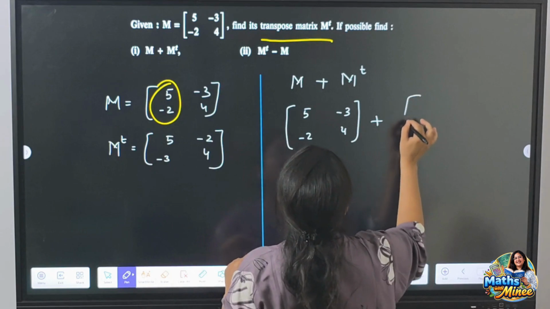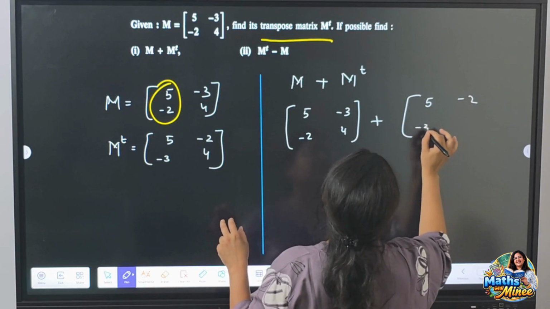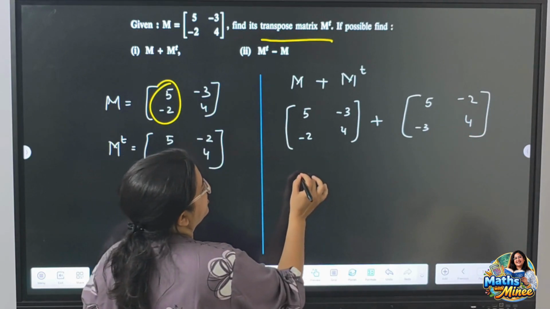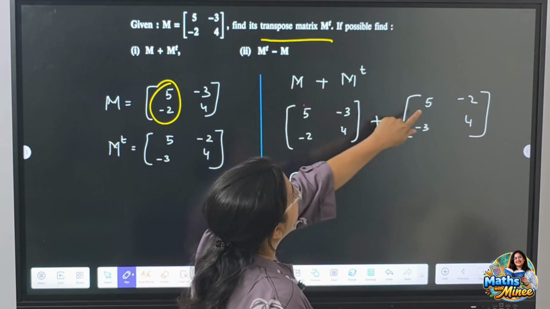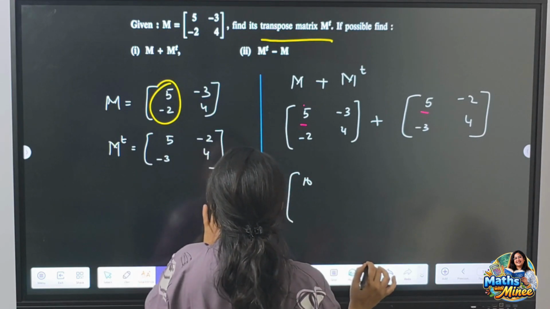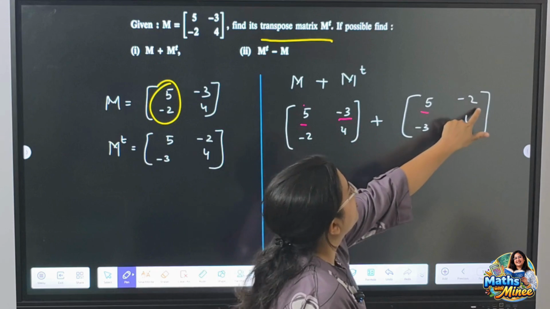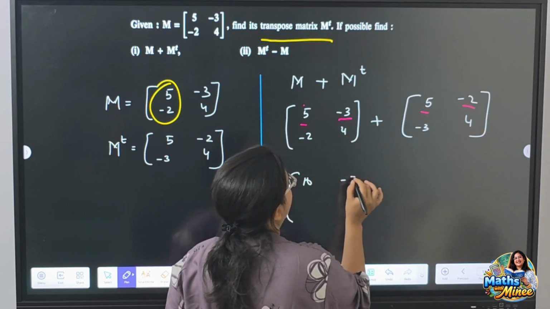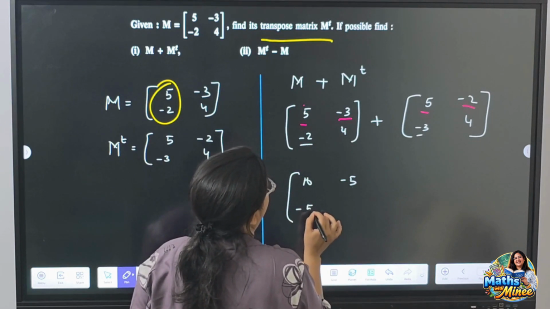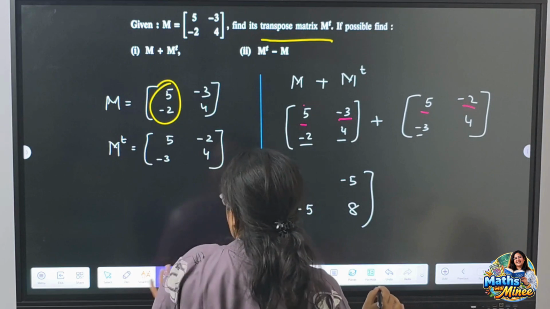We have to add the transpose matrix, that is 5, negative 2, negative 3 and 4. ठीक है, so now if I am adding it, the resultant matrix will be 5 plus 5, that is equal to 10, right? Minus 3 minus 2 will be equal to negative 5. Minus 2 minus 3, again negative 5. 4 plus 4 is 8. So this is our final answer.